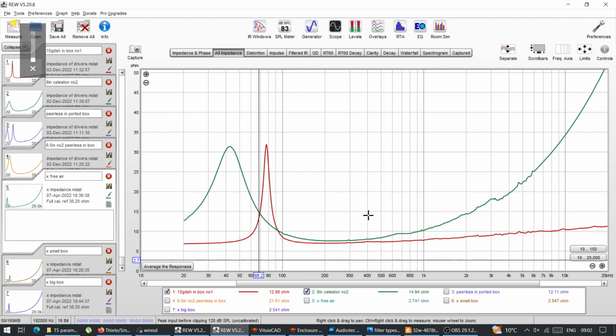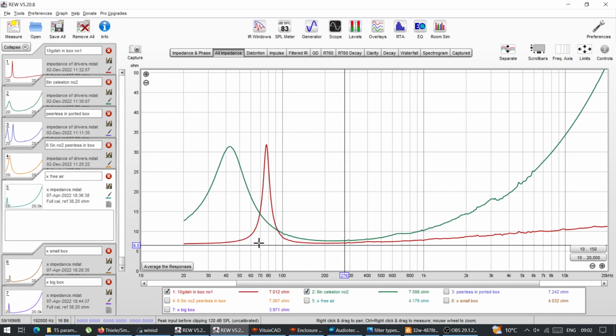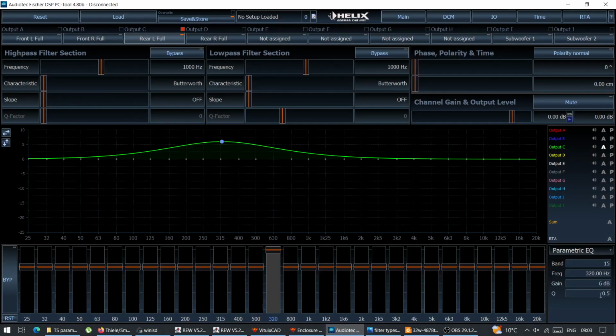The red one is a full range driver that I have in my bookshelf speaker, and this is the impedance curve that driver has in the box. And as you can see, this peak is narrow. A narrow peak means that the Q is going to be high.